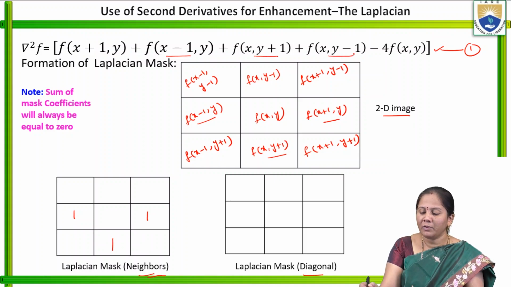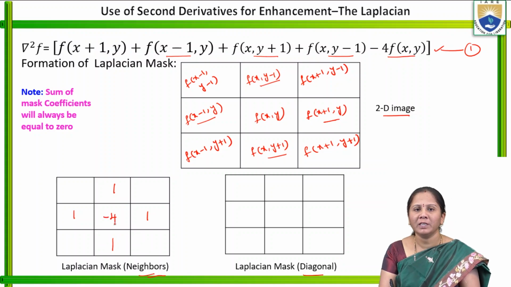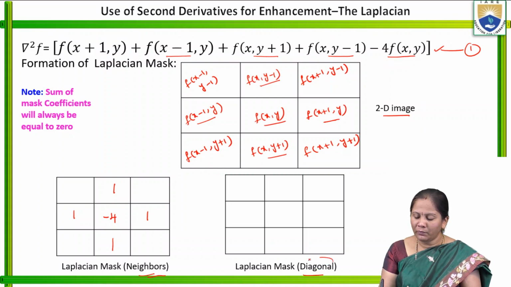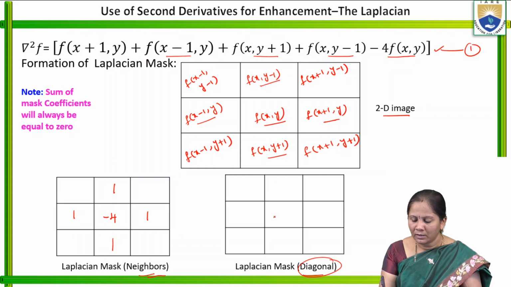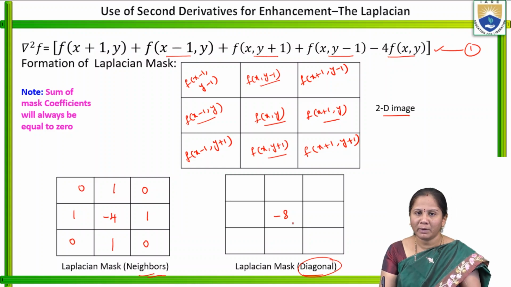And f(x,y-1) is available, so here we have 1. Minus 4 f(x,y): here we can have the center pixel as minus 4. Similarly, if we consider the diagonal values, we will have minus 8 here. The remaining terms will be zeros, and all the values will be equal to 1.